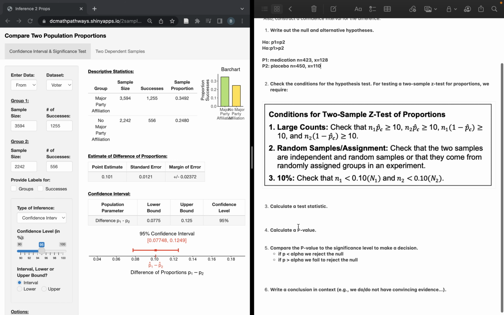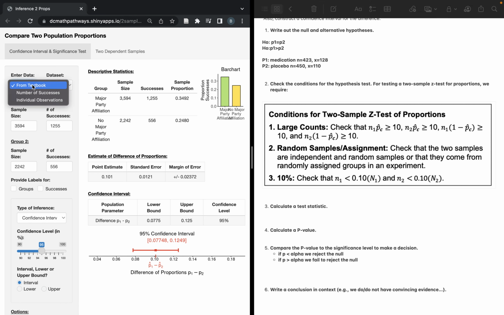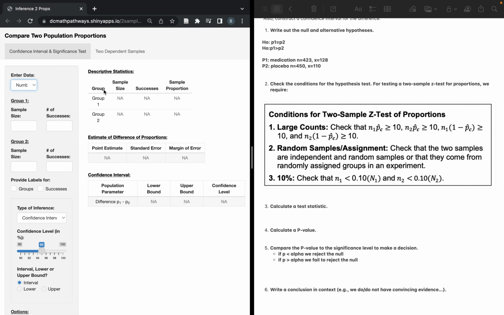So the next part, we need to calculate our test statistic and our p-value. So we're going to go into the app. Again, whenever you're just given these numbers, it told us the number of successes, so we're going to do that one.